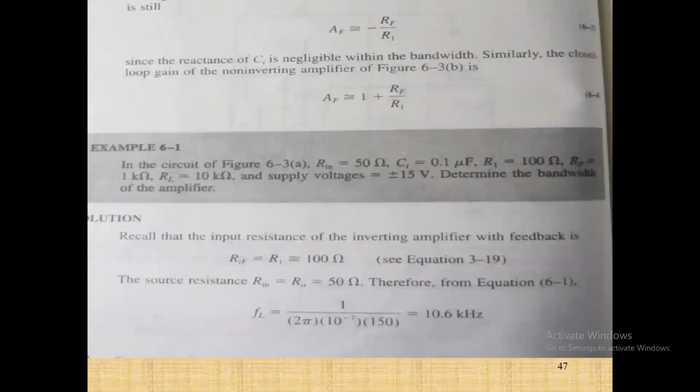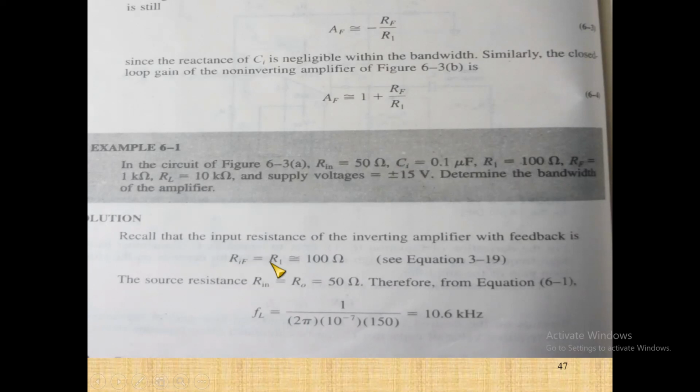Let us see the example for this. So here we have Rn equal to 50 ohms, Ci is equal to 0.1 microfarad, R1 equal to 100 ohms, and Rf is equal to 1 kilo ohm and RL is equal to 10 kilo ohms. We need to supply voltage plus or minus 15 volts. Determine the bandwidth of the amplifier.